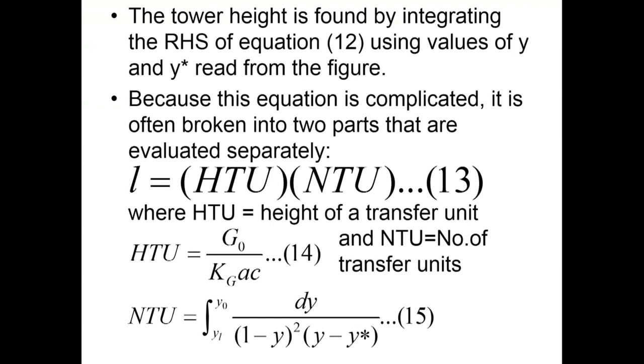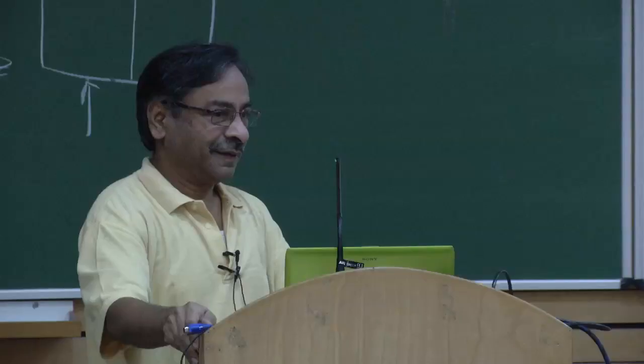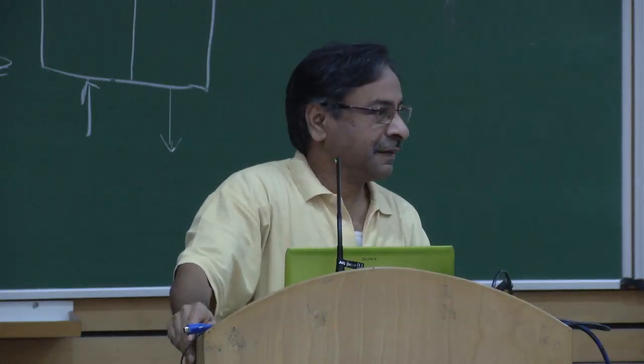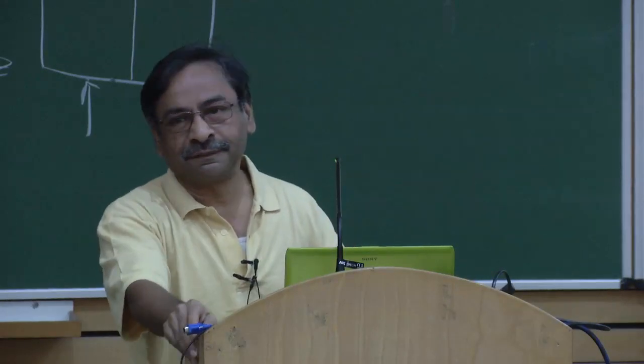If HTU is small, for the same gas liquid system, L will also be small. So more efficient packed tower means will require a smaller column, right? So HTU is a measure of the efficiency of equipment.